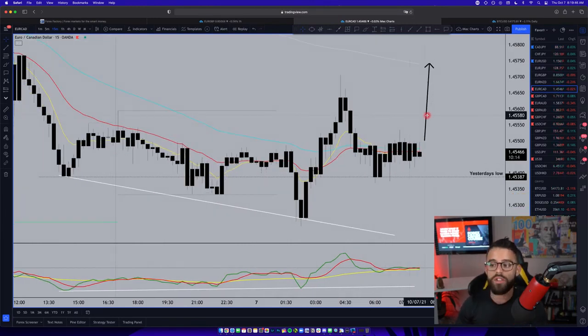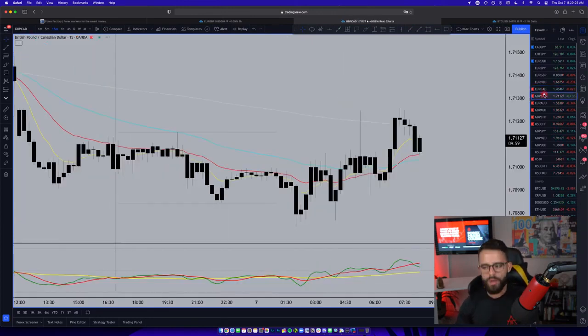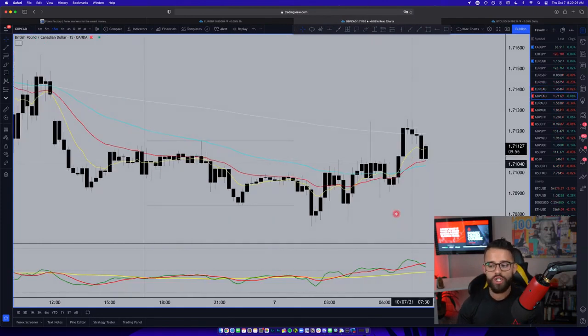If we then want to be smart and make sure that we're not missing potential opportunities, we would want to go check other CAD quote pairs to see if they're presenting entry signals that have higher probabilities than this one on EURCAD. So for example, we would look at GBPCAD, another CAD quote pair. GBPCAD has that perfect market sentiment line in the sell zone, so that feeds the bearish bias.